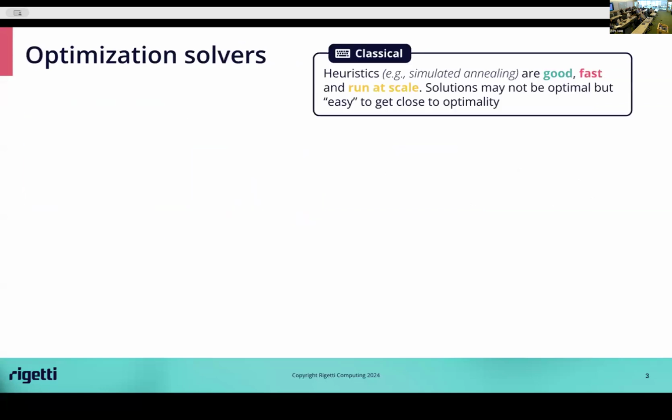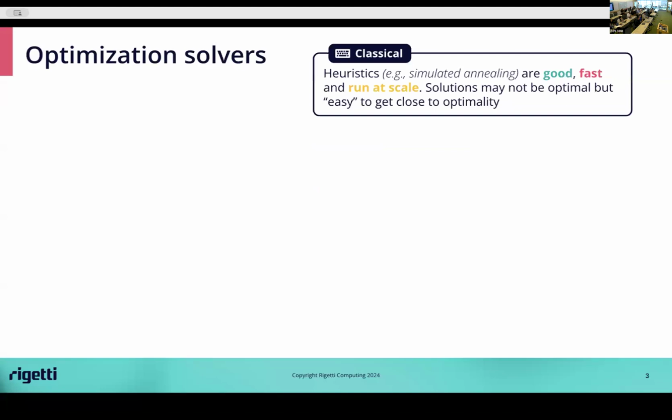So there is no algorithm in general on classical computers that will guarantee finding the optimal solution in finite time for optimization problems for the general case. And so you have a zoo of heuristics which have been developed to find solutions regardless.